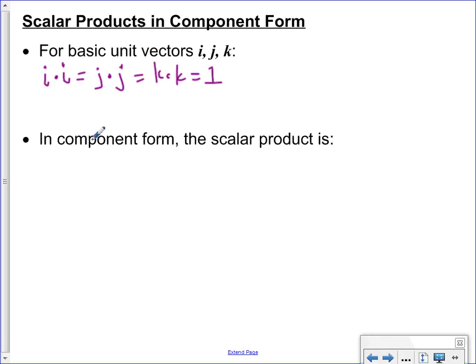Now, what happens if you mix them? i dot j or i dot k or anything like that would just give you 0.